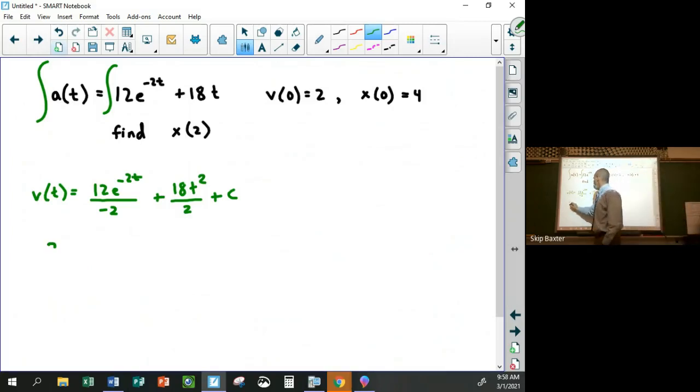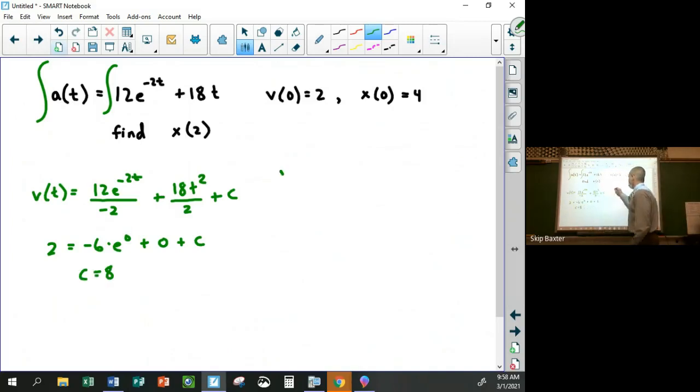So I'm going to have 2 equals negative 6 times e to the 0 plus 0 plus c. But e to the 0 is 1. So if I add 6 to both sides, I get c equals 8. So now I have v of t equals negative 6 e to the negative 2t plus 9t squared plus 8.